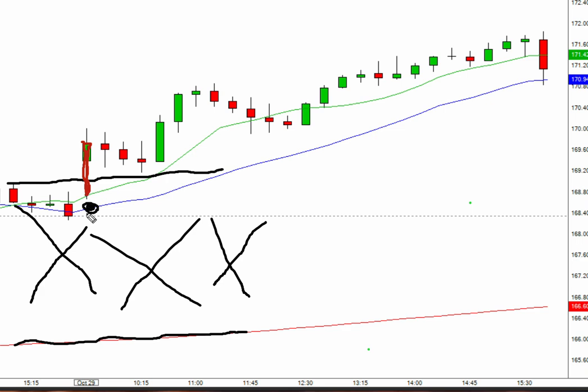Position means the 20 on top of the 200 and the 8 on top. These are stacked, and trying to go short in this is actually trading against position. So, take that off.